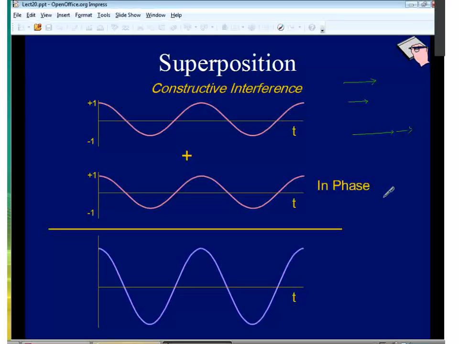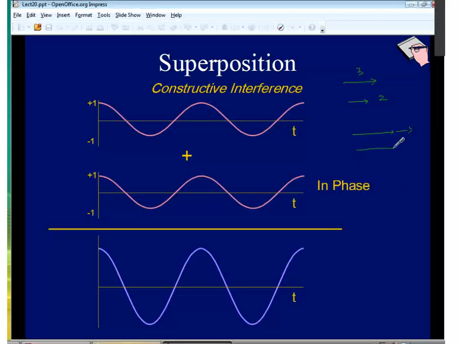That's the only way they can support each other to the maximum extent. So if this is 3 units, this is 2, 3 plus 2 is 5. But 3 plus 2 is not always 5 in vectors, you know that.